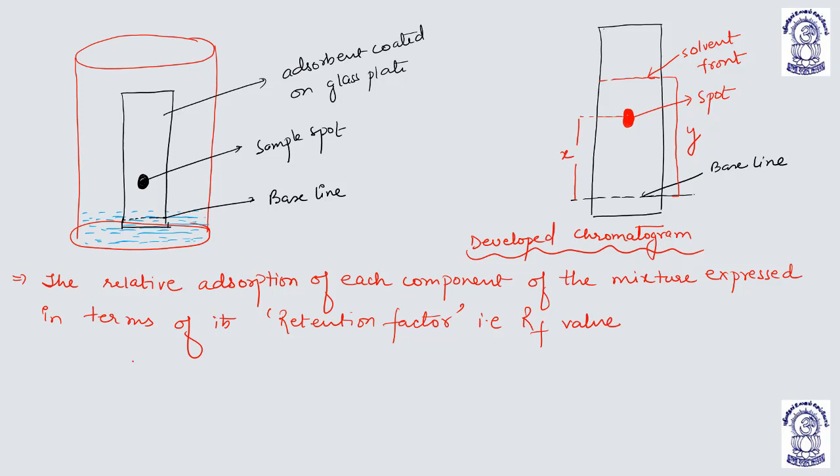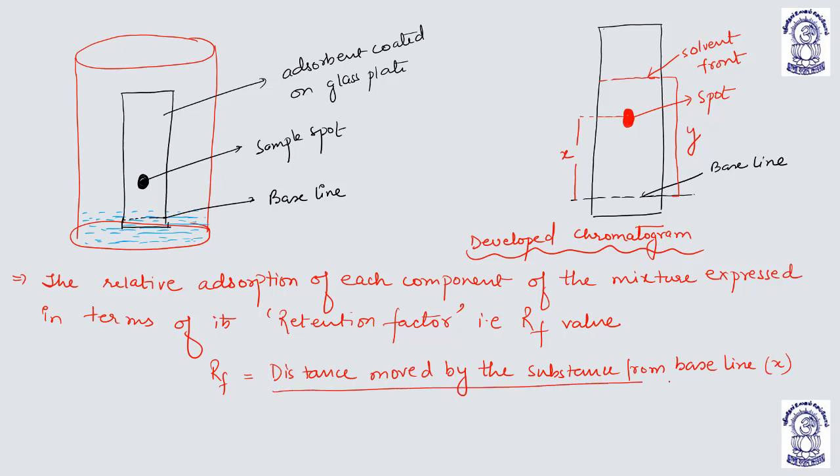The RF value is the distance moved by the substance from the baseline, substance meaning the sample, the organic compound mixture, upon the distance moved by the solvent from the baseline.